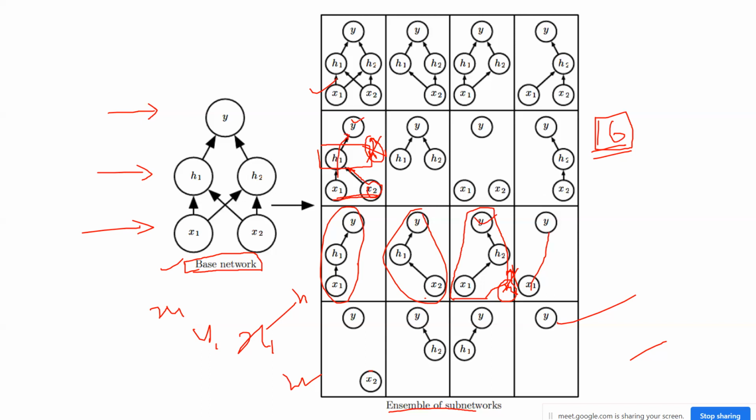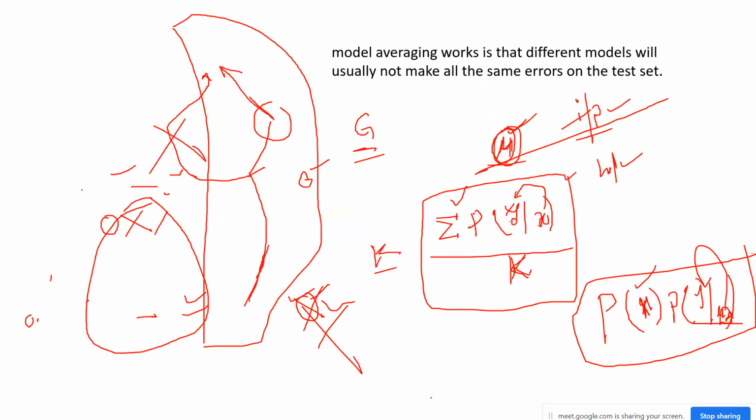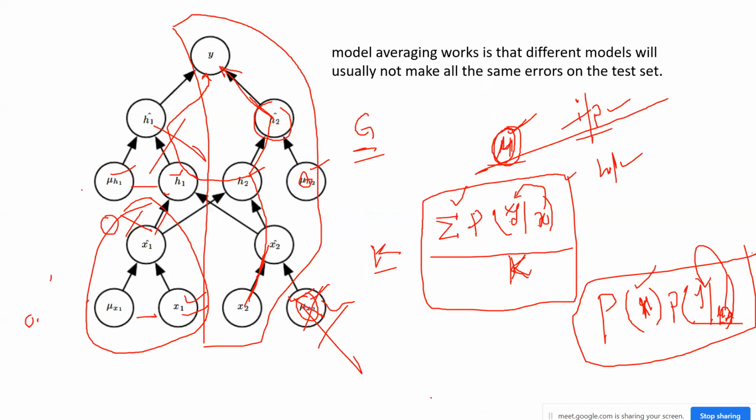Likewise, we have a possibility of 16 subnetworks from this network. All these 16 subnetworks form an ensemble, that means interconnected, more than one combination. So we are using this dropout mechanism.